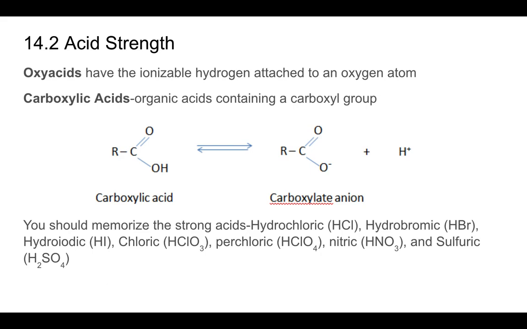The labile proton, the proton capable of being donated here, is the H on the OH of the carboxyl group. And if that one is donated or lost to make H plus ions in water, maybe you make H pluses attached to waters, you will be left with what's called the carboxylate anion. So the C and the two O's without the H plus.